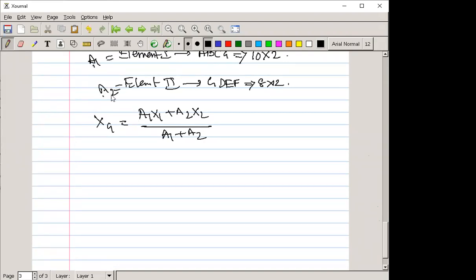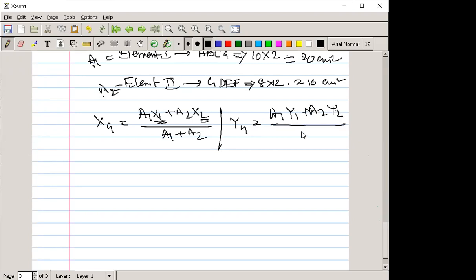So a1 and a2 we can easily find out: that is 20 cm square and 16 cm square. Now we have to find x1 and x2, and similarly for yg it is a1 y1 plus a2 y2 by a1 plus a2, so we have to find y1 and y2 as well.